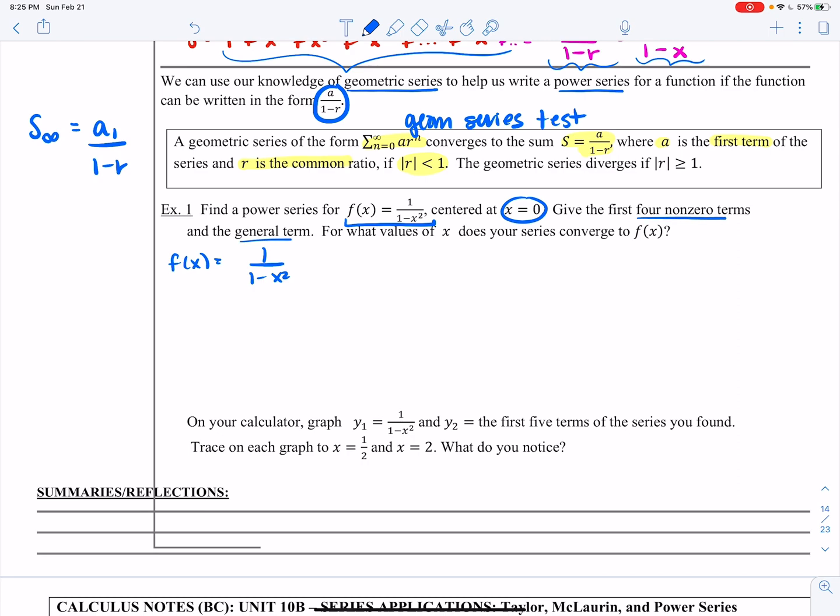Now, guys, I could sit here and build a power series for this, but you're going to be here for a while taking derivatives. If you wanted to build a Taylor series, Maclaurin series, I want to build this using a geometric series. So what if I say, hey, I'm going to force this to be a1 over 1 minus r. So I'm going to force this to be geometric. Let's make this geometric.